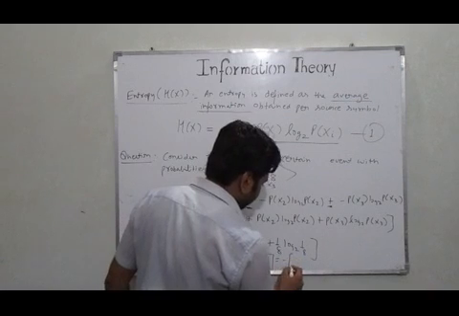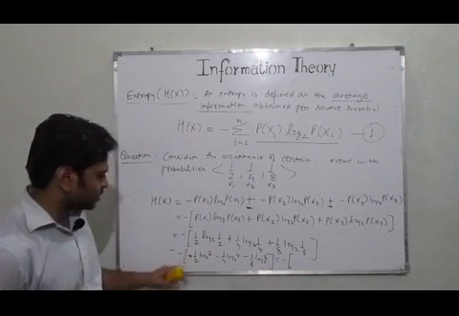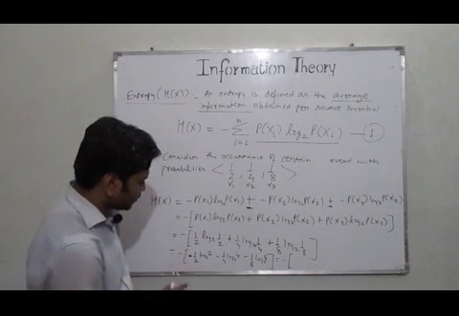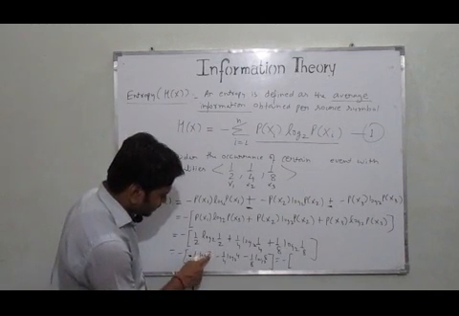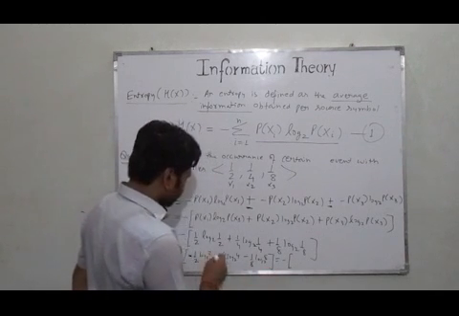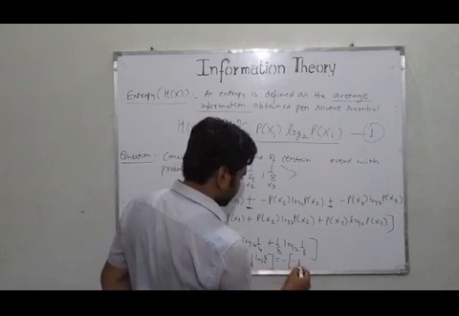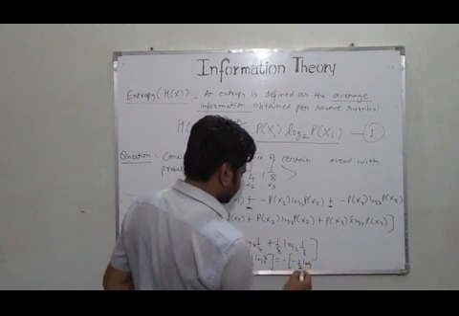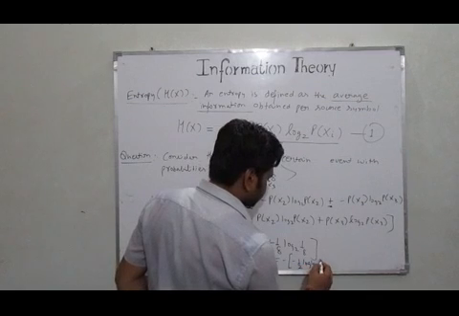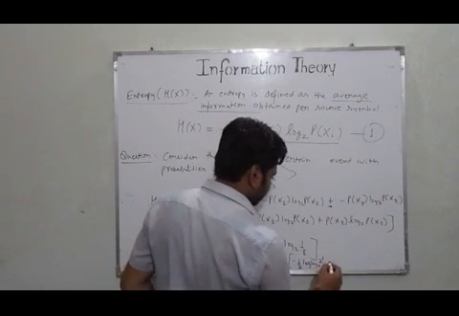So what can we do now? Now we are in a position to solve this. As I told you in my last lecture, we basically try to solve this in terms of the powers of 2. So how can I solve it in the powers of 2? Basically log 2 raised to the power 1.